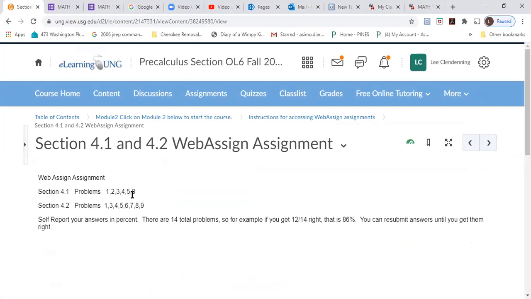I skipped problems 6 and 7. And skip 2, 3, 4, 5, 6, 7, 8, and 9. So I skipped only number 2 in 4.2. Problems I skip are just going into stuff I don't want to get into, and it shortens it up a little bit. Now this gives 14 total problems.